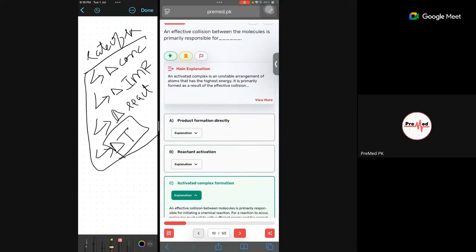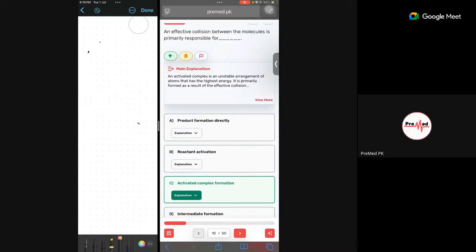Next we have: an effective collision between the molecules is primarily responsible for what? Well, whenever effective collisions are going on, as I told you, before the collision, there's a transition state, and then there's the stage after the reaction. In this transition state, a temporary structure is made, which is quite unstable, but it is made.